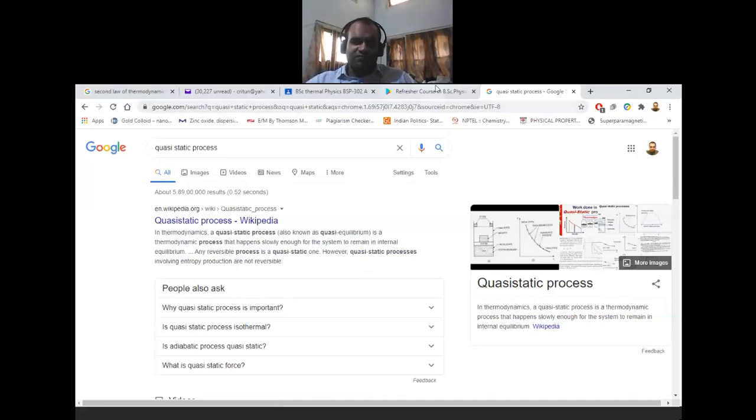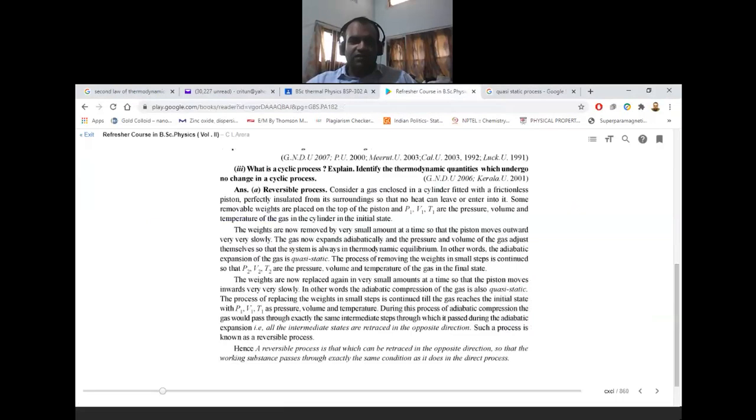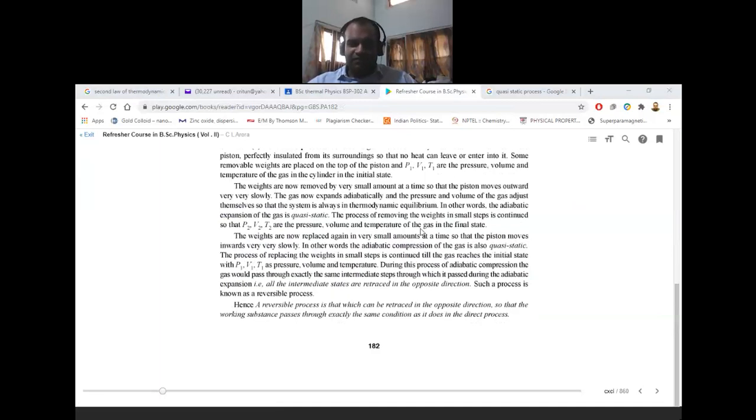A reversible process is quasi-static. I hope you have understood by now. The quasi-static process has to take place very slowly so that thermal or internal equilibrium is maintained. So that is the quasi-static process, very slow.